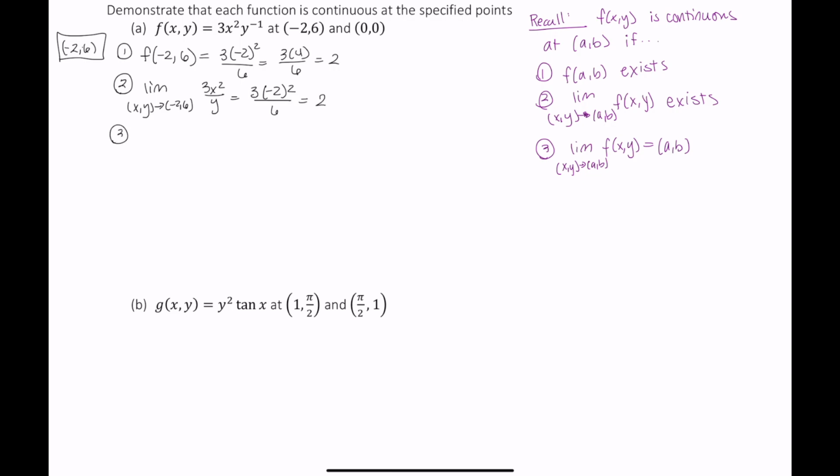So by 1 and 2, the limit as x comma y approaches A comma B of f of x comma y, in this case negative 2 comma 6, does equal f of A comma B, so this function is continuous specifically at negative 2 comma 6.